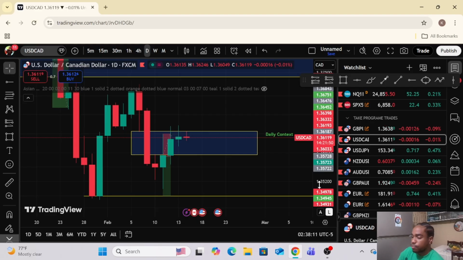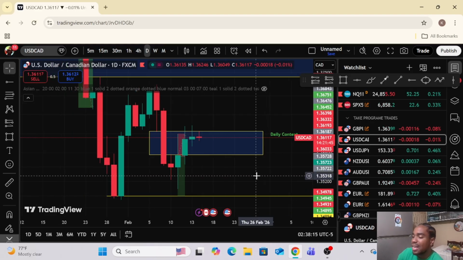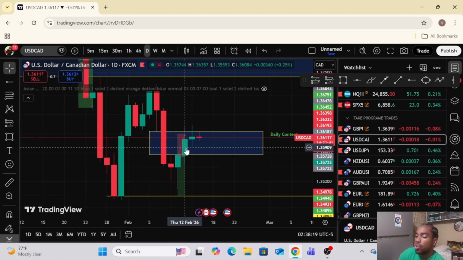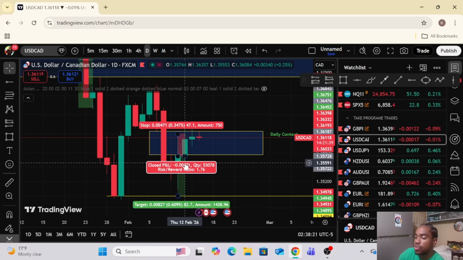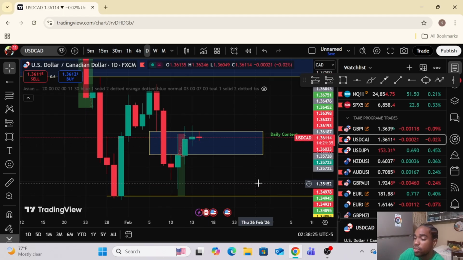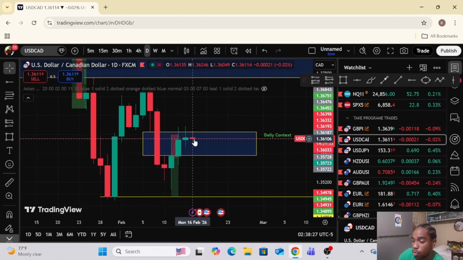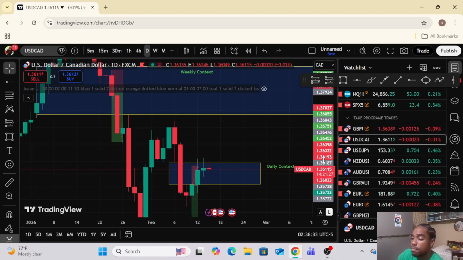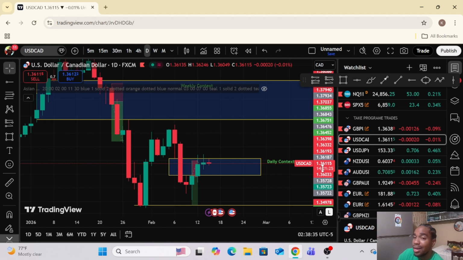Okay. Now, one thing that you would want to take note of, anytime you see price is doing things of that nature, consolidating in your zone, closing in your zone, this is one day that it's closing in the zone. This is the second day that it's closing in the zone. A new day has opened up within the zone again. Chances are that price is pushing to the upside, and what you should be doing now is looking at a new drawn liquidity.